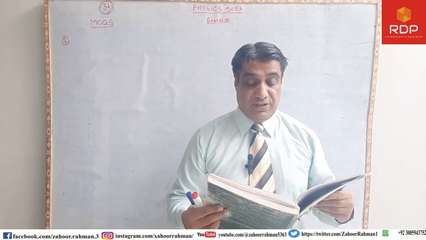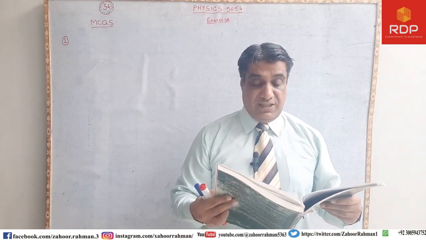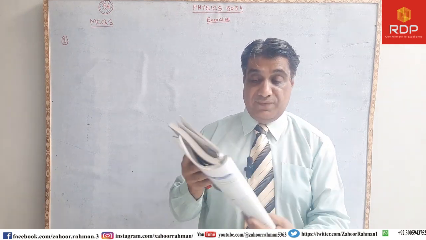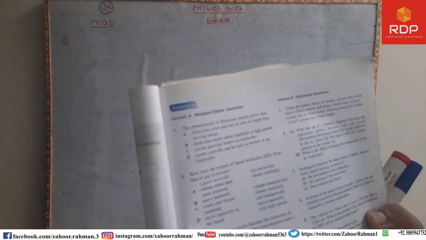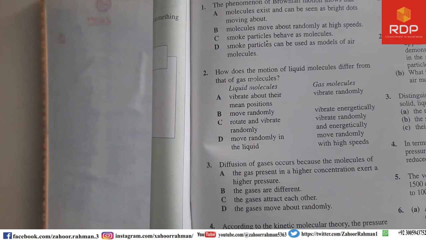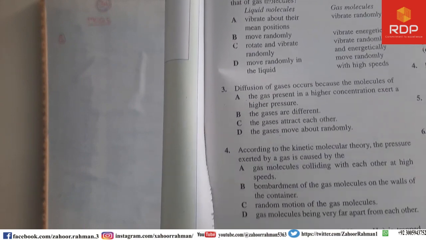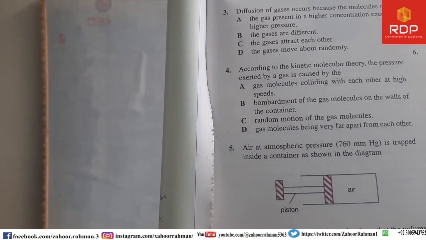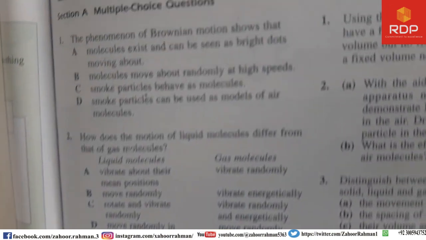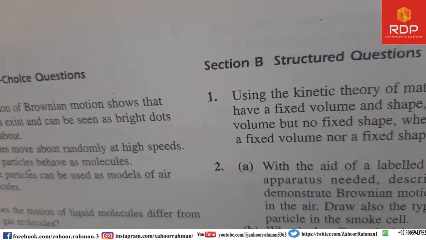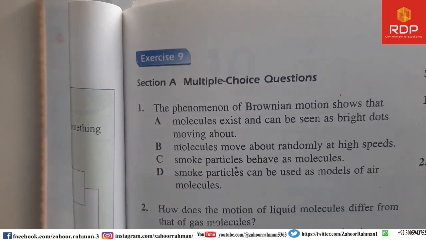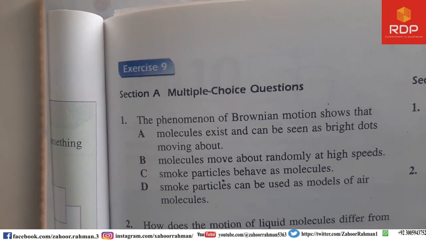You have the book, refer to page number 139, and those who do not have the book, I can give you a snap of it. These are the questions, and you can see that there are four parts of it. The second portion is of structured questions. This is section A, and this is question number 1.